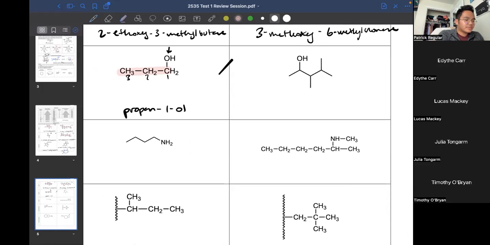Let's look at this. Straight across, we have a pentane. It's a 5-carbon chain. However, both ways across, 1, 2, 3, 4, 5. 1, 2, 3, 4, 5. Which way do we want to go, black or blue? Black, because it gives the lowest number to oxygen no matter what.